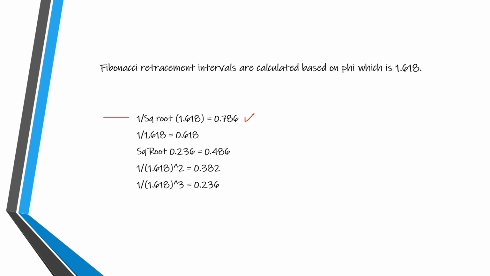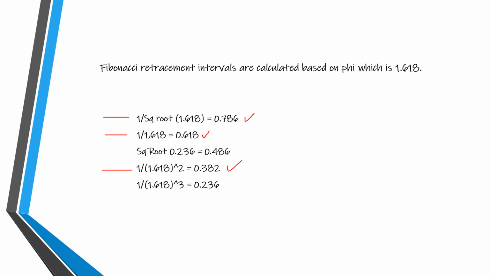If I take 1 divided by phi, I get 0.618 or 61.8%. That tends to be a very common retracement value on a stock chart. If I take 1 divided by phi squared, I get 38.2%.